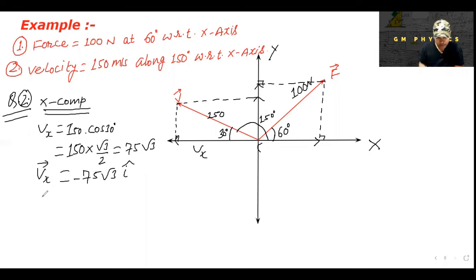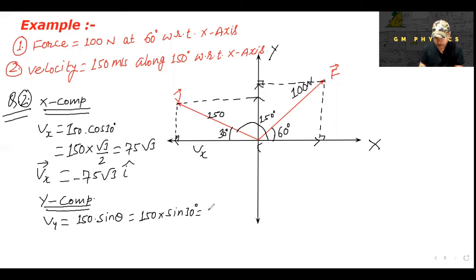Now we are going to calculate the y component of this vector quantity, that is the v vector, right? This angle is 30 degrees and we have to find this y component. So again we can write Vy is equal to 150 into sin theta, that is 150 into sin 30 degrees.